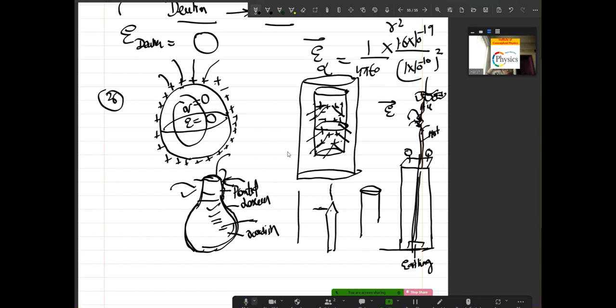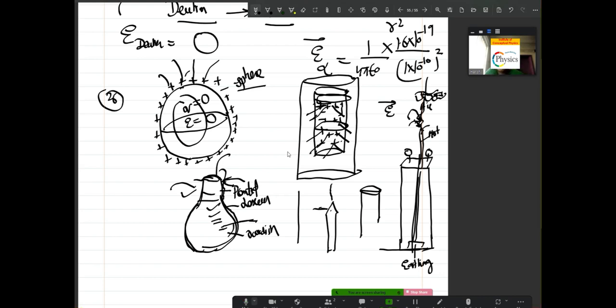The cylinder is not a rod. It's obviously pretty large, but it still is something like a straight. But if you look at a sphere, you keep on providing charge to a sphere. The charge keeps on spreading uniformly.